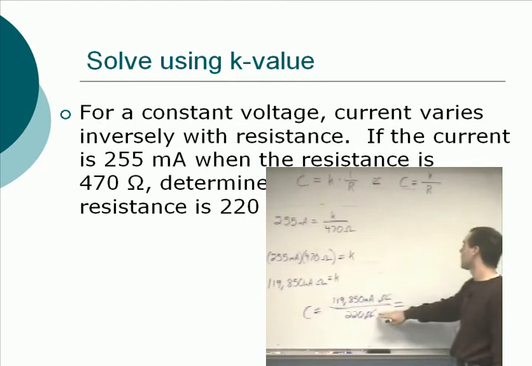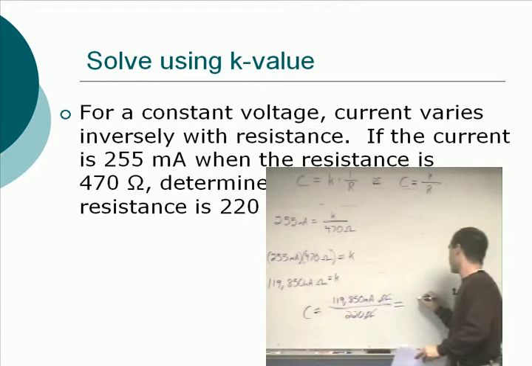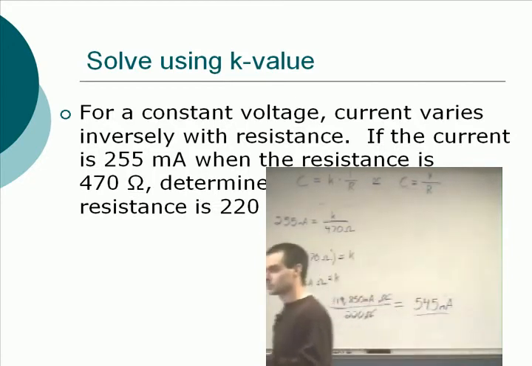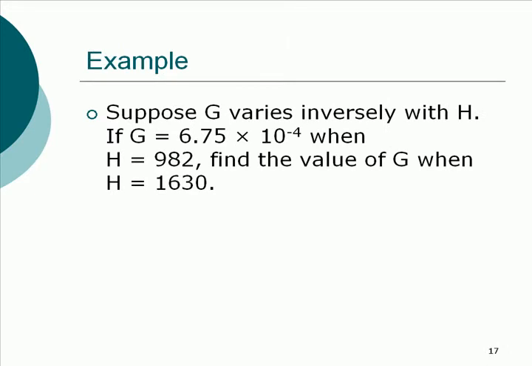K divided by R. And if you divide that out, you end up with the same result, 545 milliamps. So that's also called the inverse portion. Okay, let's do one more. Actually, just a couple more here.